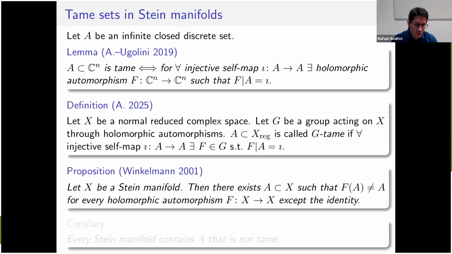And then there is another theorem by Winkelmann, and he said, well, for every Stein manifold, there exists some bad set such that any automorphism on this set does not map the set to itself except for the identity. And of course, such a set cannot be tame because, for example, I could just permute 2 points, but then I will not find an automorphism that does it, right? Because of this property.